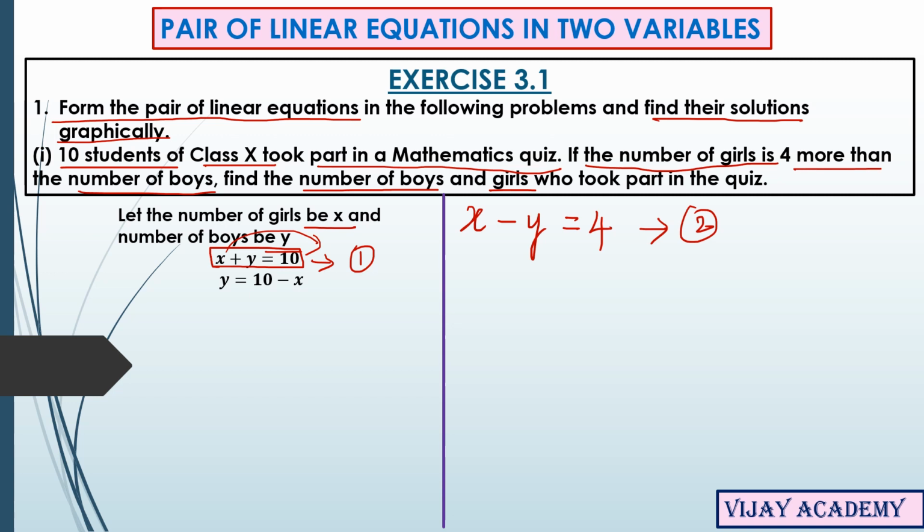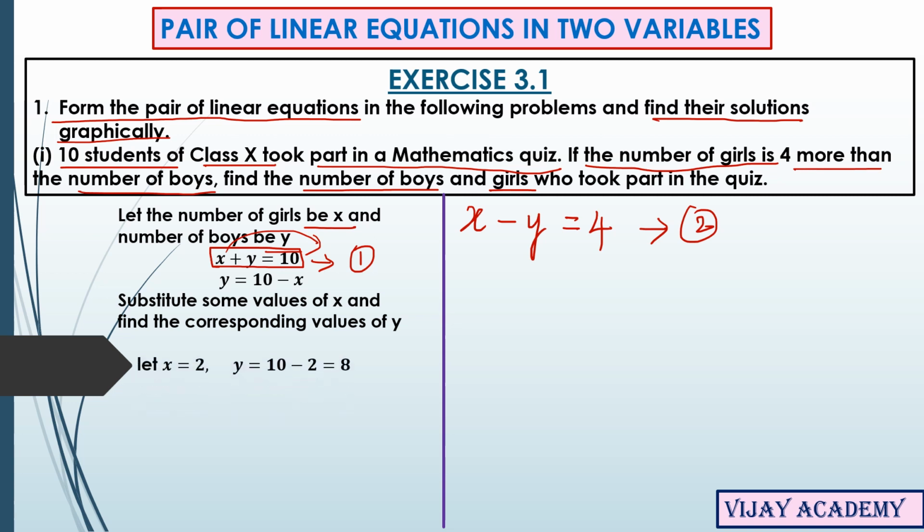Now if you substitute some values of x, we get the corresponding values of y. They are the solutions of the equation. So substitute some values of x and find the corresponding values of y. Let me take x as 2. Substituting x as 2 in the equation y equals 10 minus x, we get 10 minus 2 equals 8.